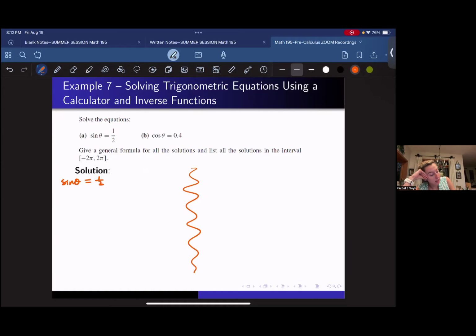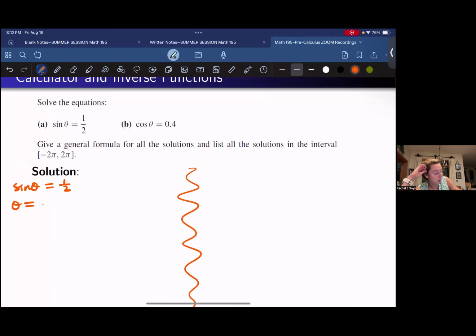Which means our theta are our multiples of pi over 6, also known as 30 degrees. So pi over 6. And because it's positive 1/2, we're only going to look at our first and our second quadrant.